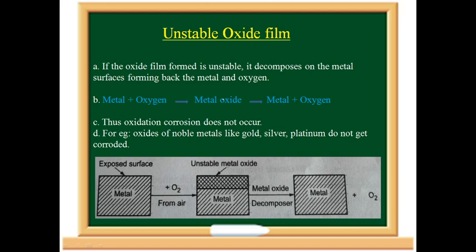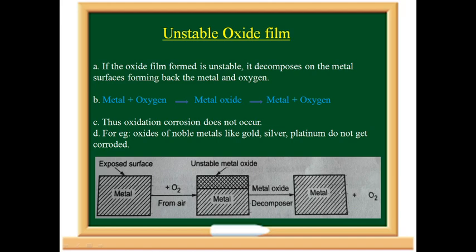Okay, so these metals like gold oxide or silver oxide or platinum oxide, even though the oxide layer is formed on them, they decompose back to give the metal and oxygen is released back to the atmosphere. Okay, so such films which are formed, we call as unstable oxide film, which on decomposition gives back metal and oxygen.